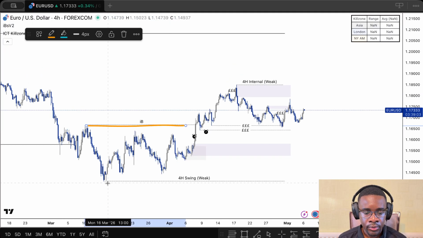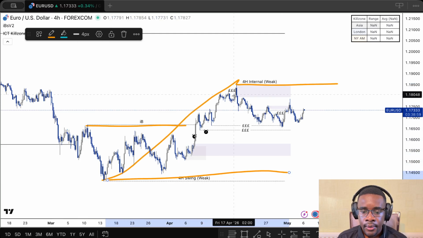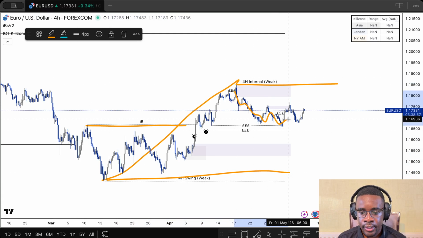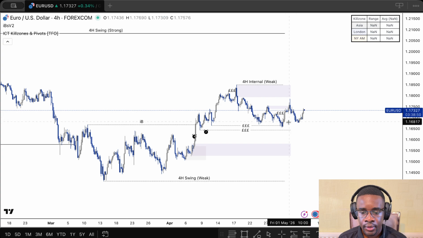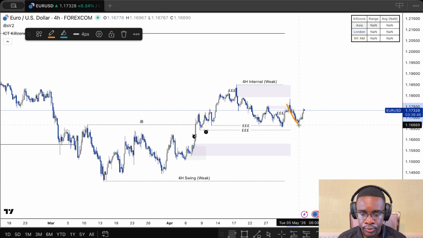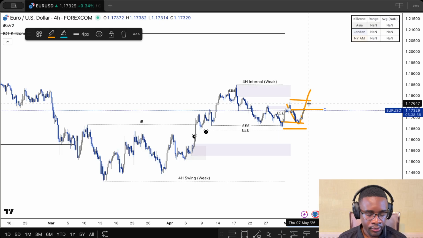This was our internal break of structure. This is our current internal range. Price has been pulling back. Price swept this area of liquidity, and then we've seen a reaction, and it has pulled back, and then now failed to make a lower low. So this could be a weak area.